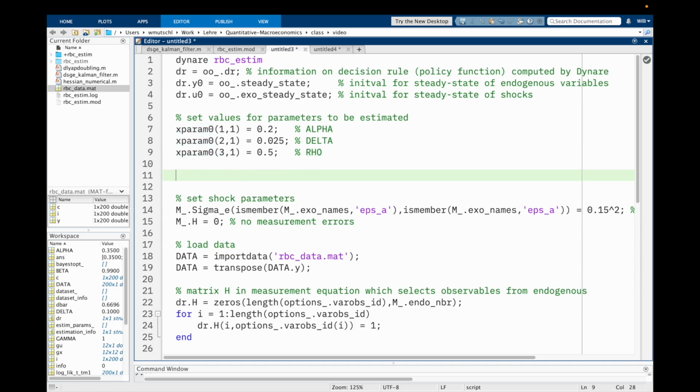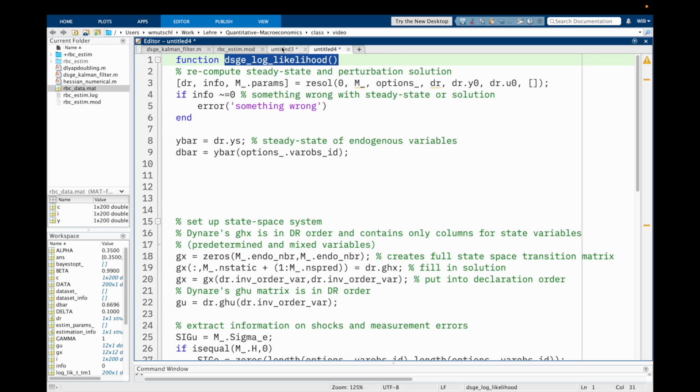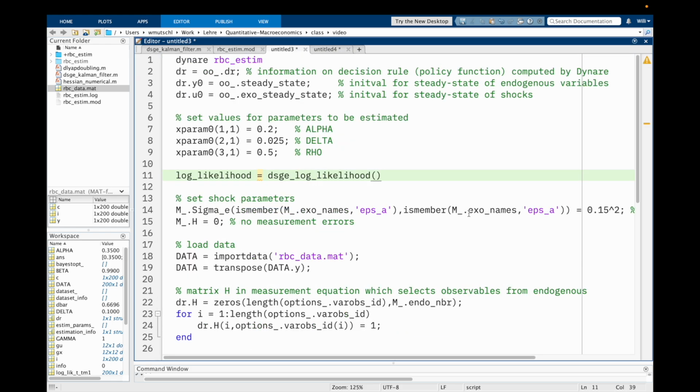And once I have that, I want to call my likelihood function. What was it called? Right here, DSGE log likelihood, to compute my log likelihood.